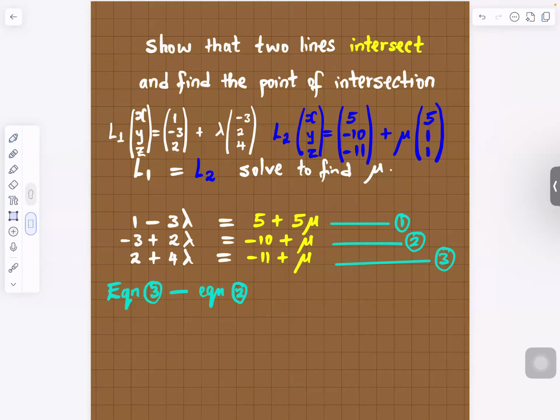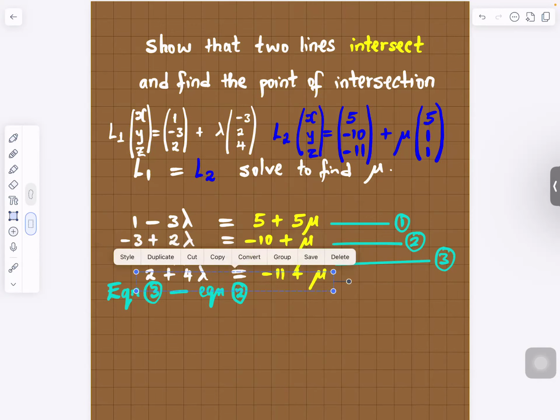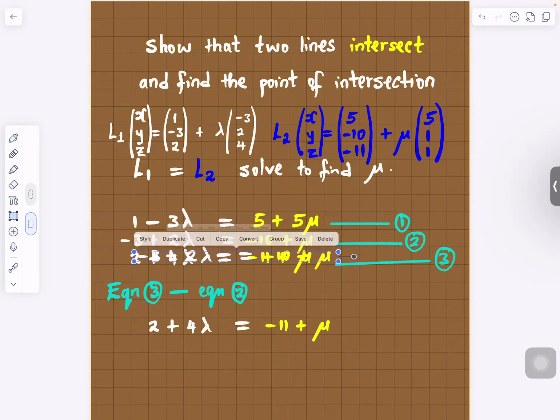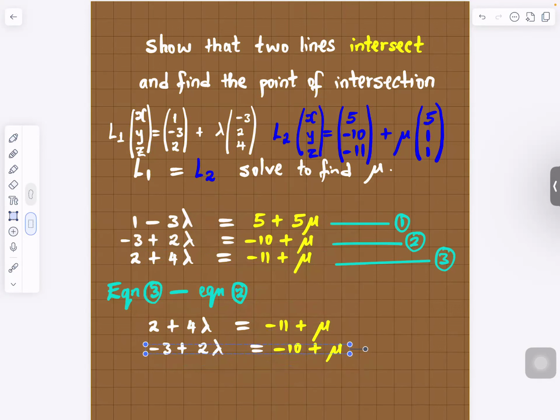So let me write it out. Equation 3 minus equation 2.